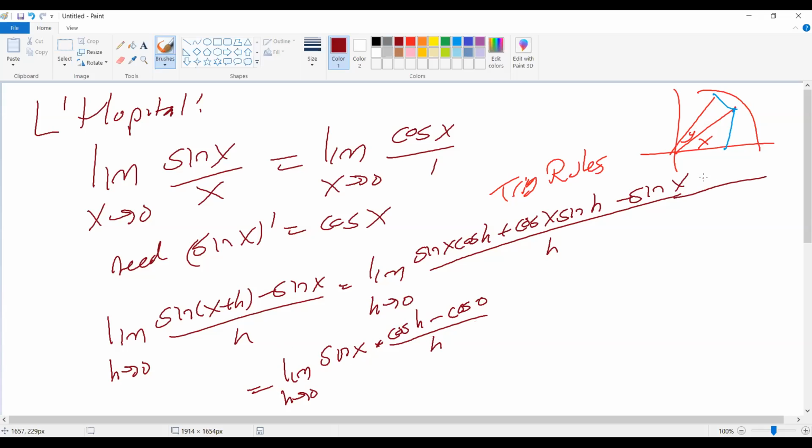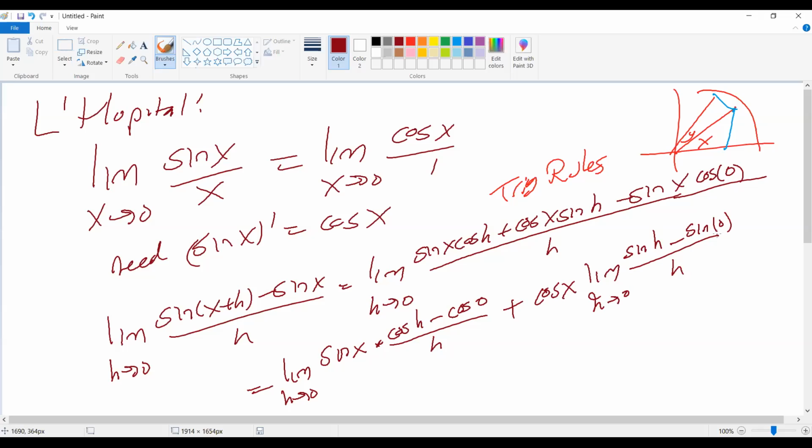I'm writing here sine of x times cosine of 0, because cosine of 0 is just 1. Plus, and then I can pull the cosine x out of the limit. I'll have the limit as h goes to 0 of sine of h over h, but I can write that as sine of h minus sine of 0, because sine of 0 is just 0.